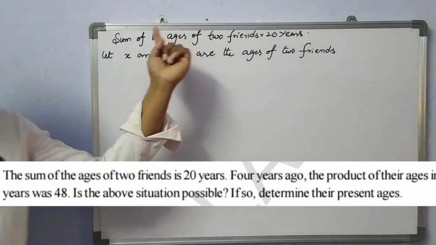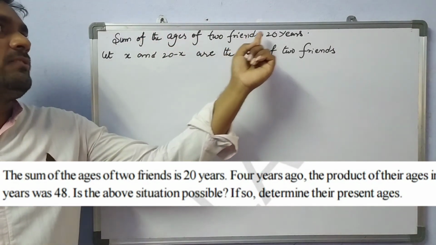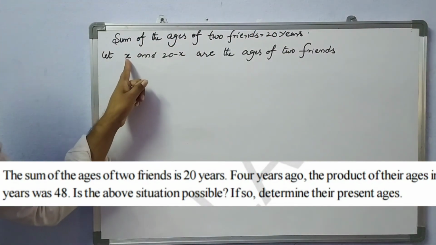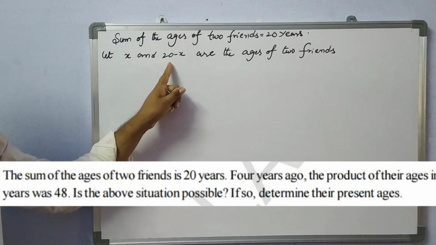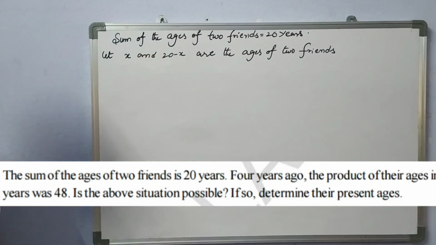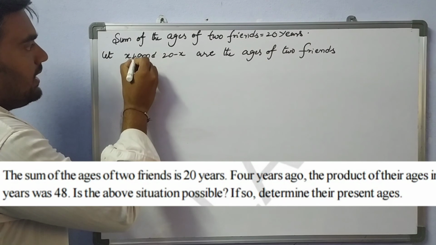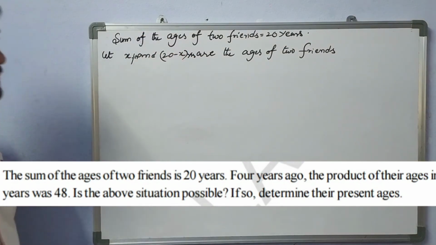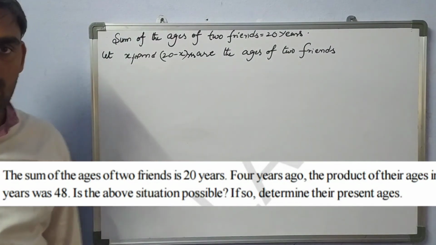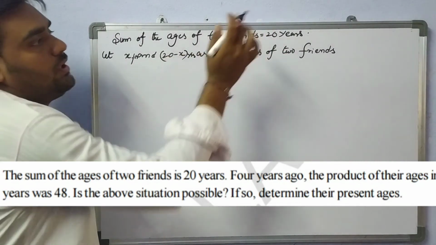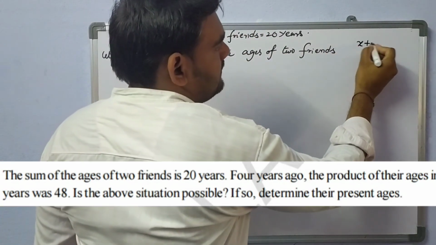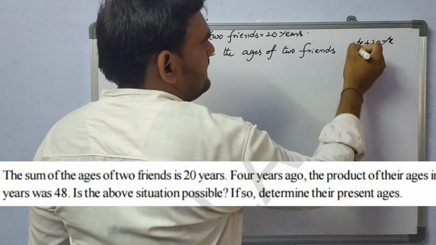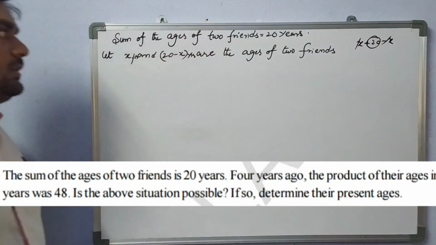See here, the sum of the ages of two friends is equal to 20 years. If one friend's age is x years, another friend's age will be 20 minus x years. If you add these two, you will get 20 only. x plus 20 minus x, minus x plus x gets cancelled, so 20 we have.